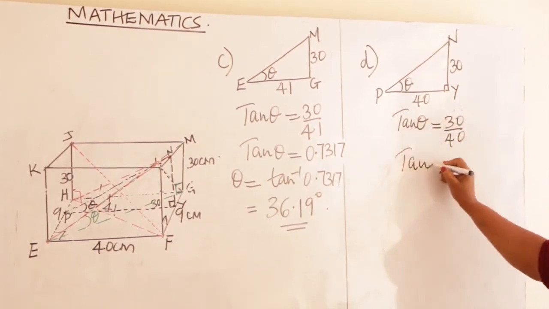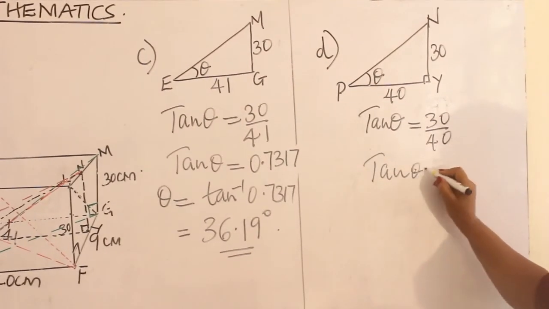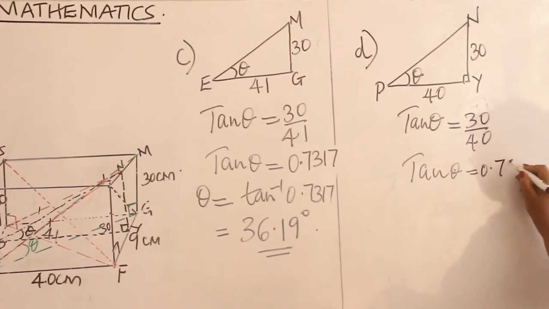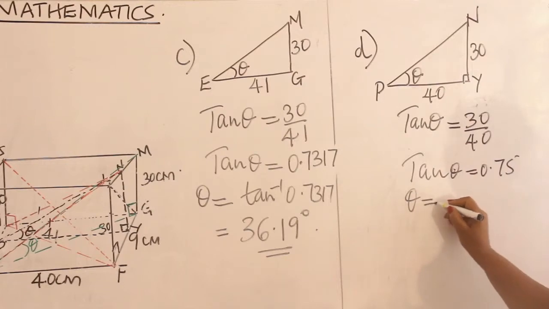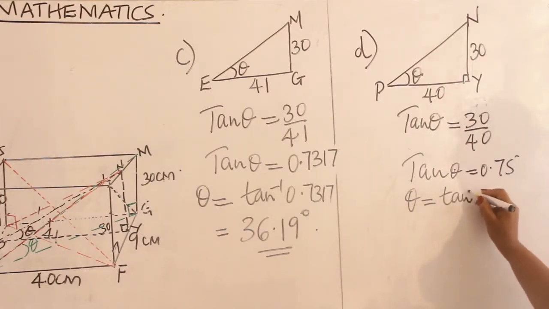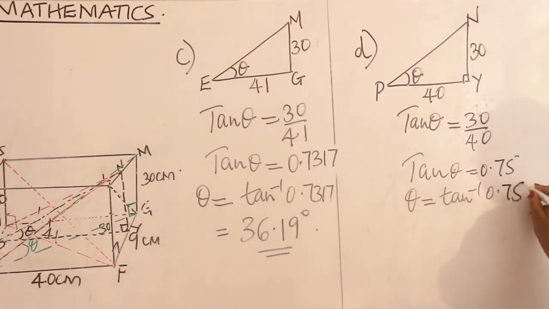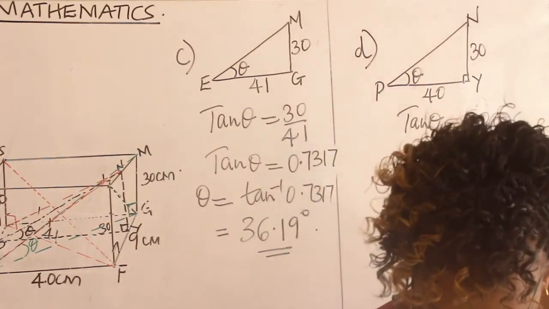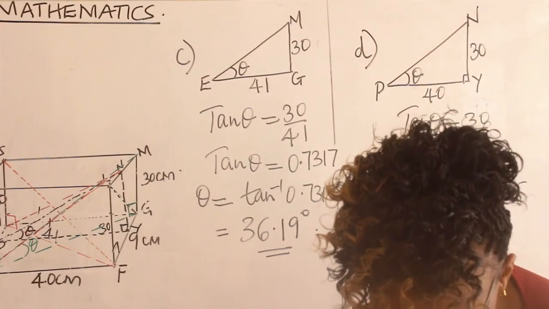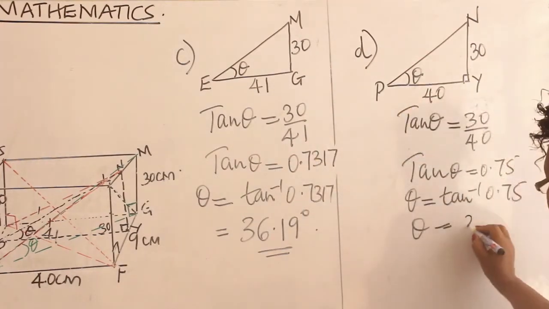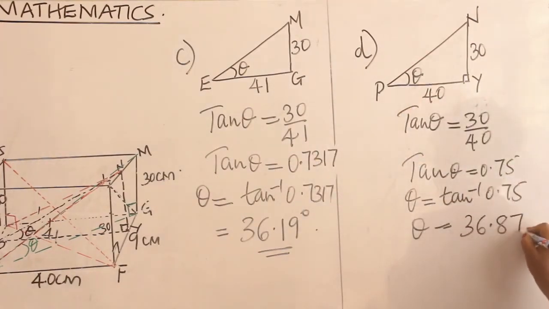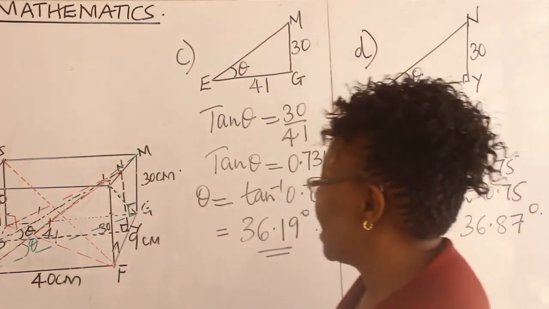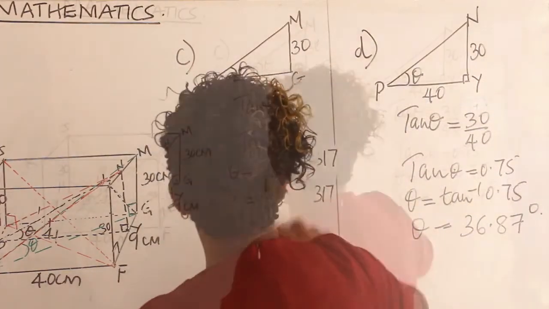Tan theta, Lana, is equal to 0.75. You look for tan inverse of 0.75, and therefore using your calculator you will see that that angle is 36.87 degrees.